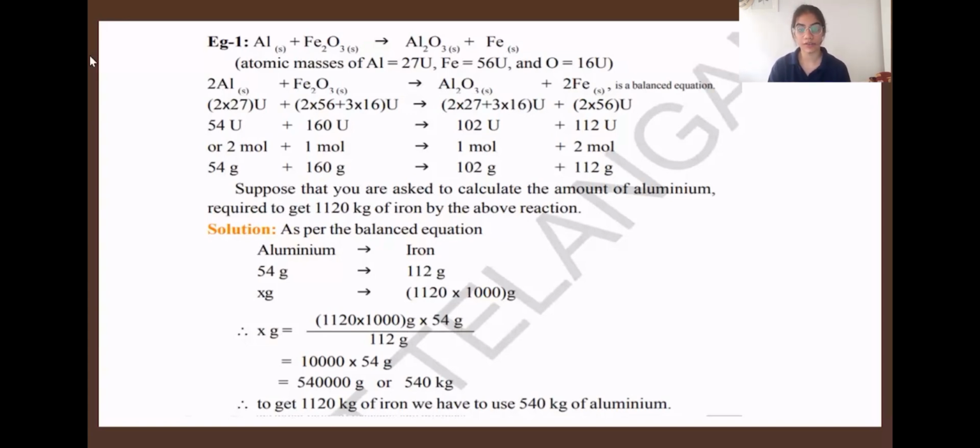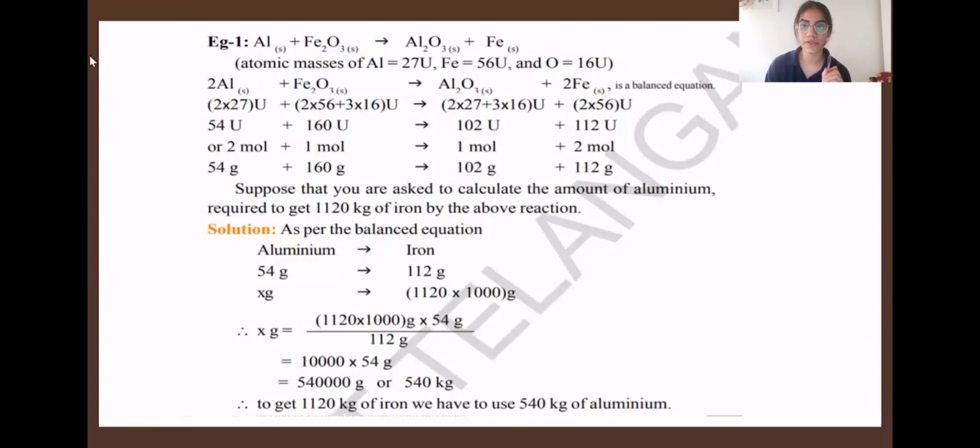So let us now calculate the masses. We have two atoms of aluminium, so 2 into 27 gives us 54. For Fe2O3, we will calculate the mass of Fe and the mass of oxygen atoms and add them together to get the mass of the compound Fe2O3. So iron, or ferric, has a mass of 56.